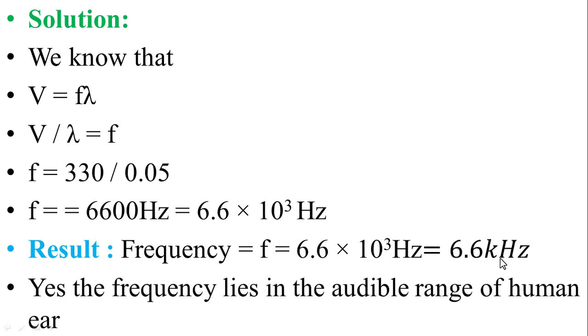And yes, the frequency lies in the audible range of the human ear, because the human range of frequency is 20 Hz to 20 kilohertz. So 6.6 kilohertz is in between them. So this frequency is in the audible range.